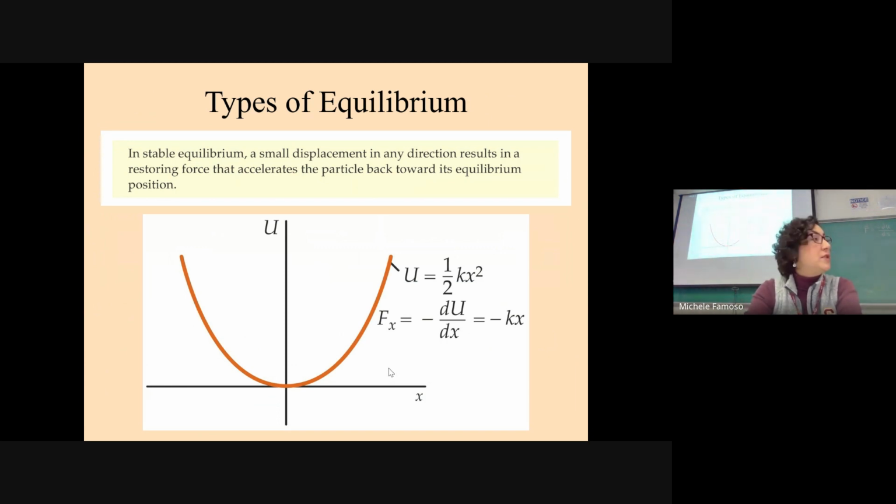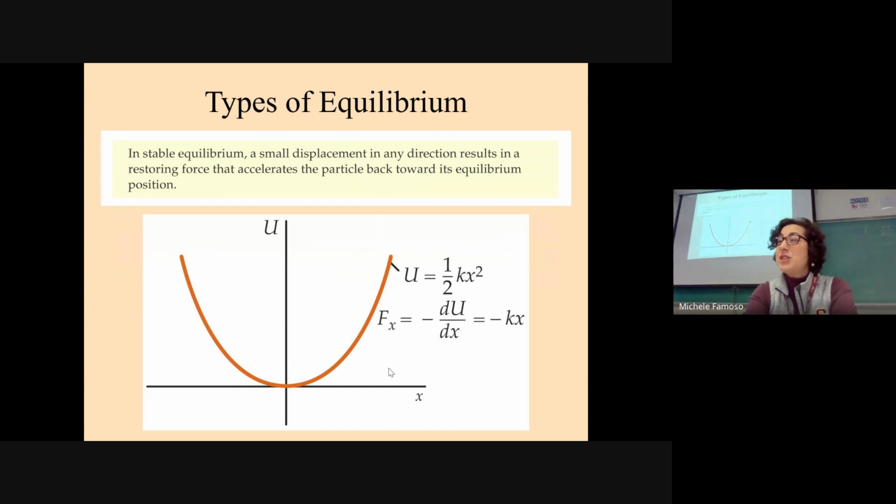Notice what I'm showing you is a graph of potential energy with respect to position. If your graph of potential energy with respect to position is concave up, that graph is concave up, right? It means you're in what's called a stable type of equilibrium. What does it mean if you're in stable equilibrium?